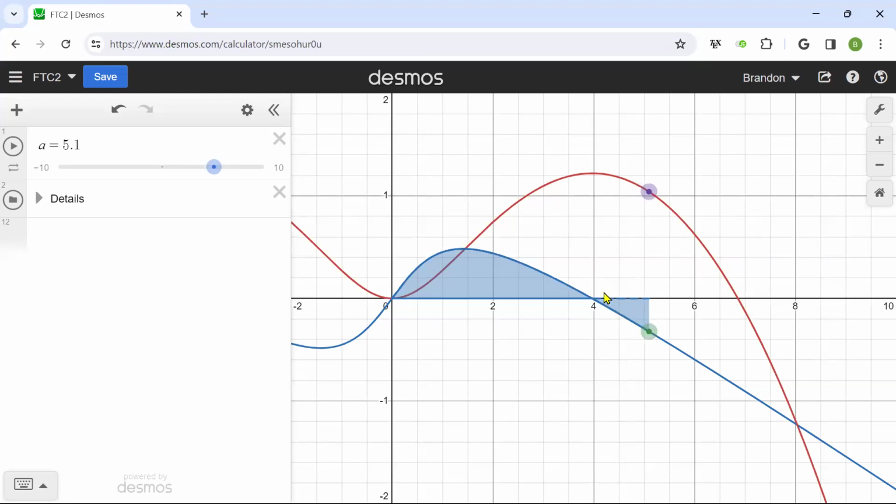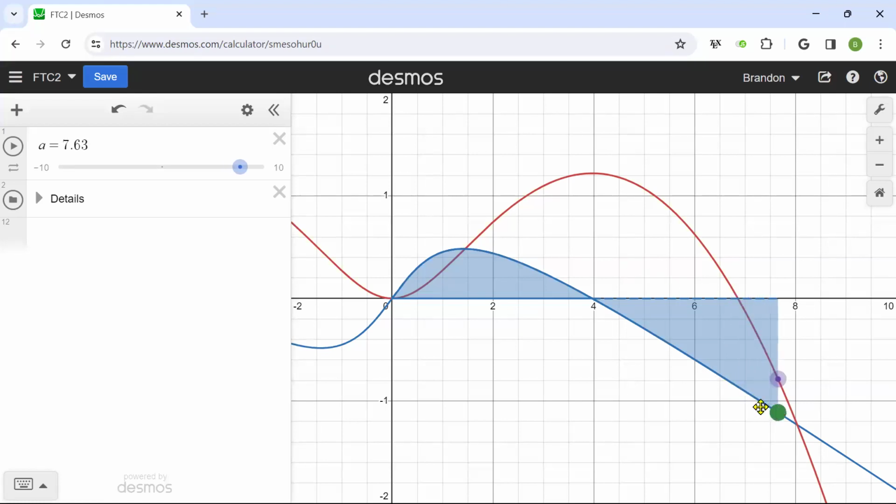Right, we're taking a negative area, right? It's a signed area, so it's subtracting this area from it. And we can continue doing this, and you can tell that right around the time that purple dot crosses the x-axis, that tells us that this positive area is canceled out by this negative area.